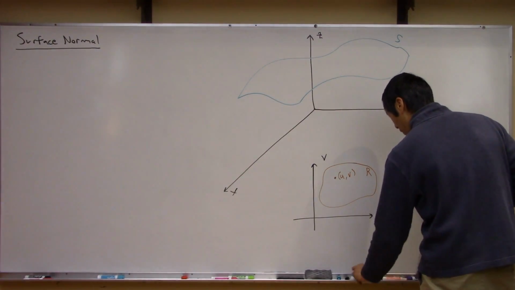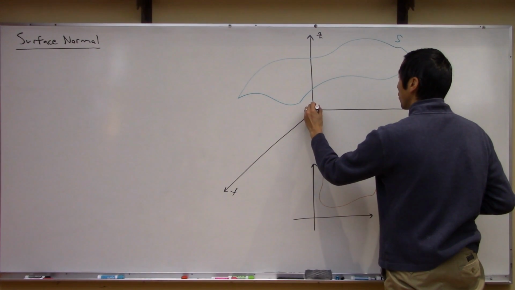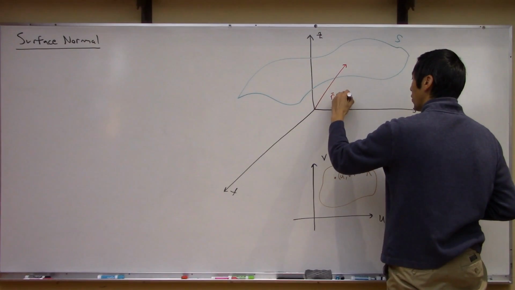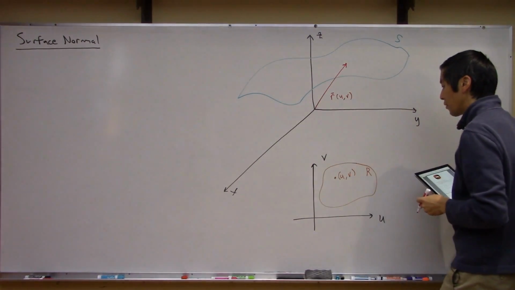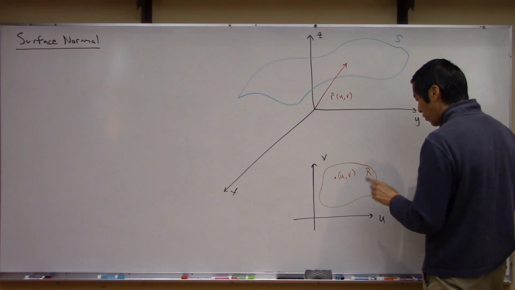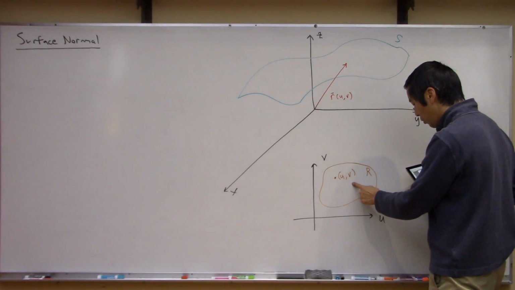At that point we have this parameterization r, which gives us a location at u, v, which gives us this little dot. Now, what's interesting is to ask ourselves what happens if we change this location a little bit.